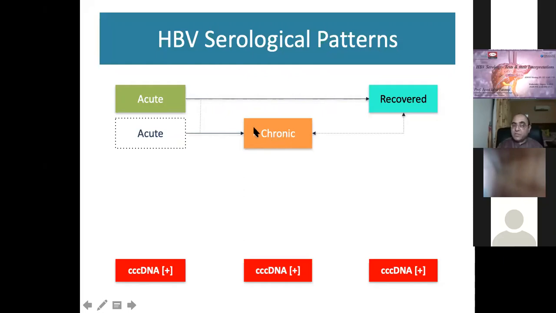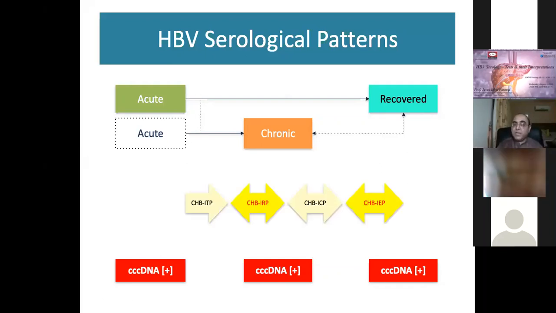And then it may stay in the chronic phase, or some may recover spontaneously or with drugs and go into that recovered phase. But mind it, there may be the reverse also, that a so-called recovered case may reactivate and go into a chronic phase, like with the immune escape phase. So again here, the cccDNA is the culprit, persisting within the hepatocytes.